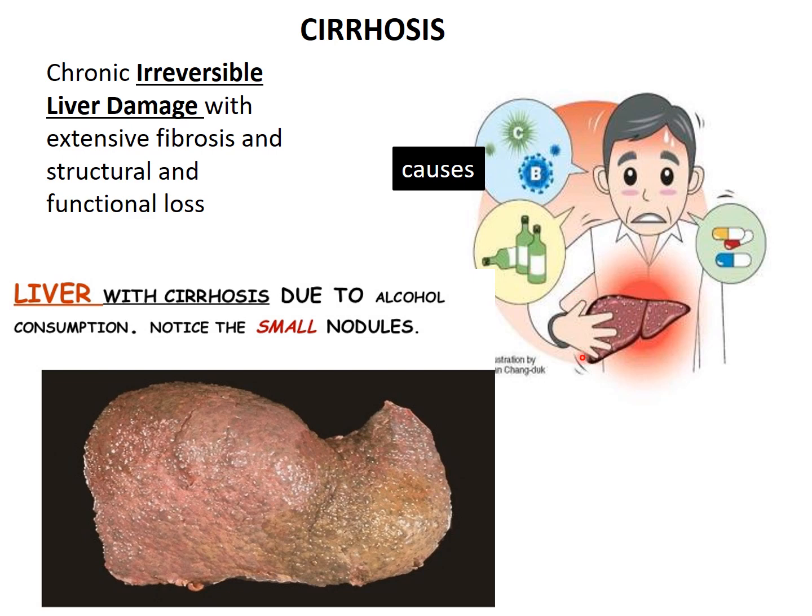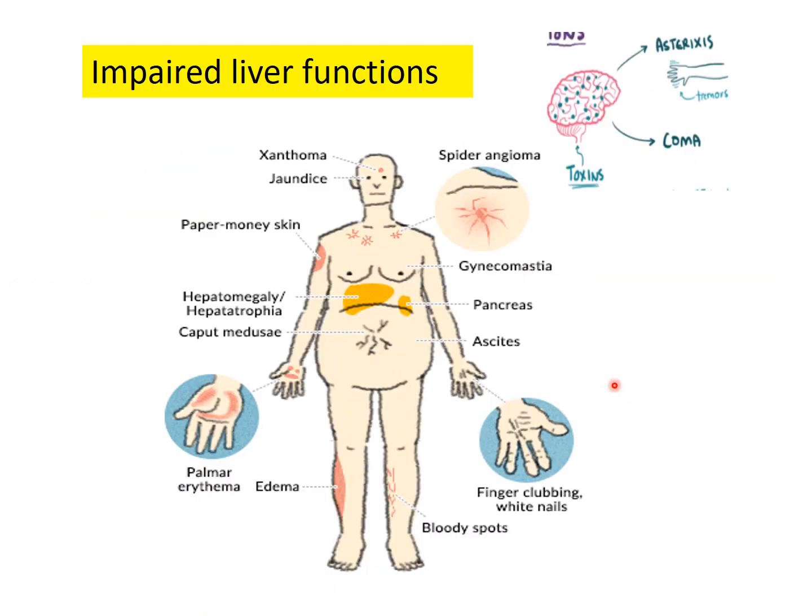So when this happens, what are the symptoms which are present? Symptoms pertain to the loss of functioning of the liver tissue, leading to jaundice, edema, portal hypertension. So, pathophysiology of the cirrhosis.